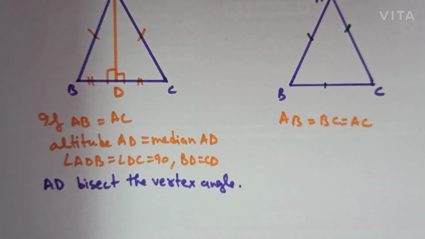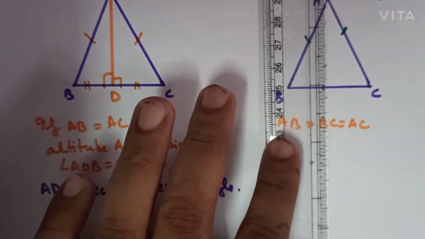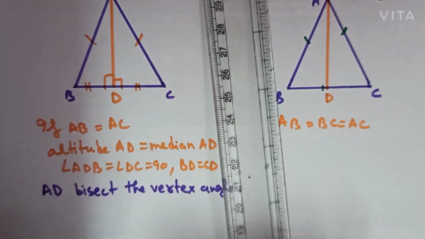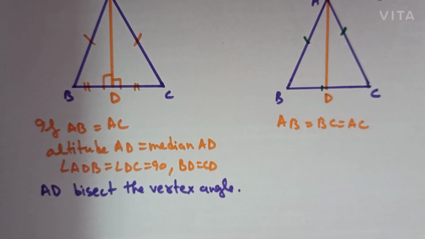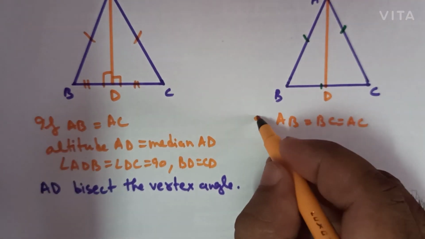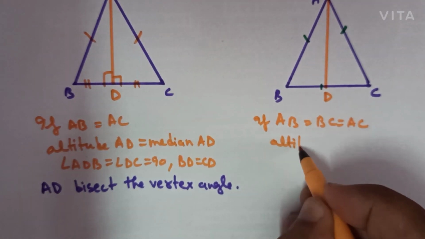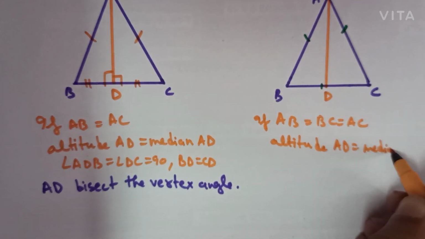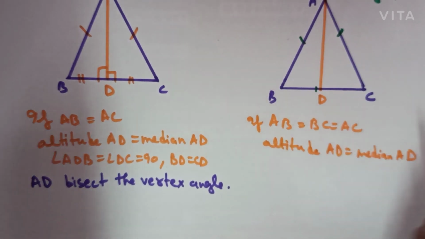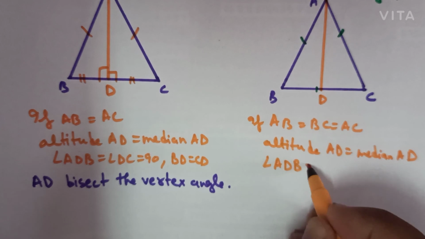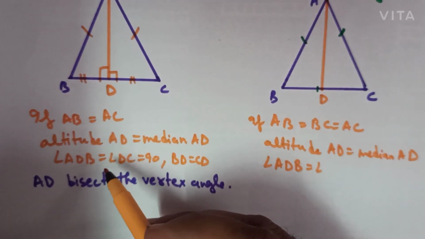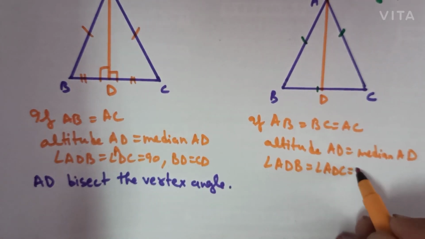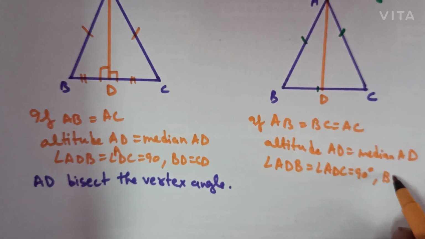And again, in a similar way, if we draw the altitude or the median AD in case of an equilateral triangle, here also we can say that the altitude AD will be equal to the median AD, which also means that angle ADB and angle ADC will be equal to 90 degrees and BD is equal to CD.